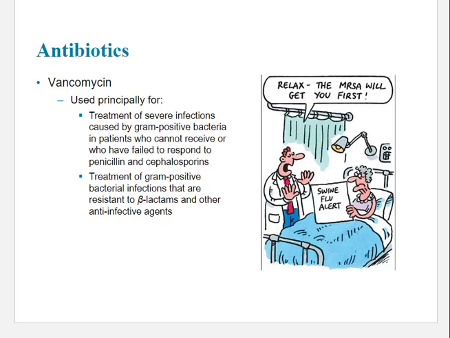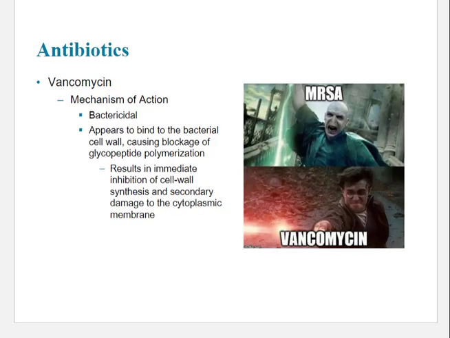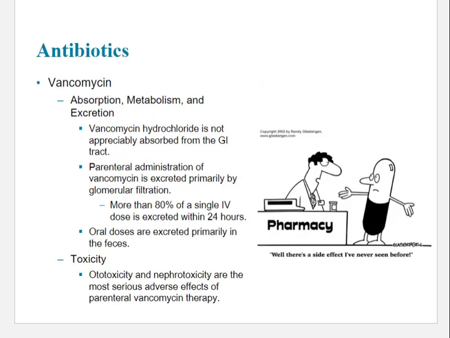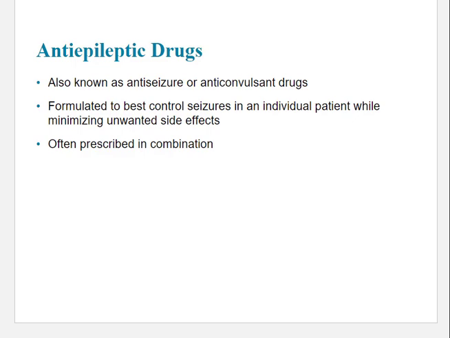And it can have a lot of bad effects on your kidneys. So let's summarize that. If you have MRSA, the best treatment for MRSA is our antibiotic called vancomycin. There he is, fighting Harry Potter and Voldemort. Vancomycin is going to win, hopefully every time. So there's some absorption, metabolism, and excretion, if you would like to read up on that.